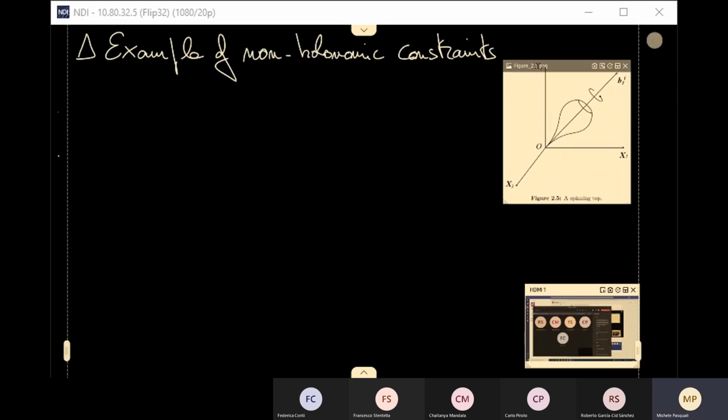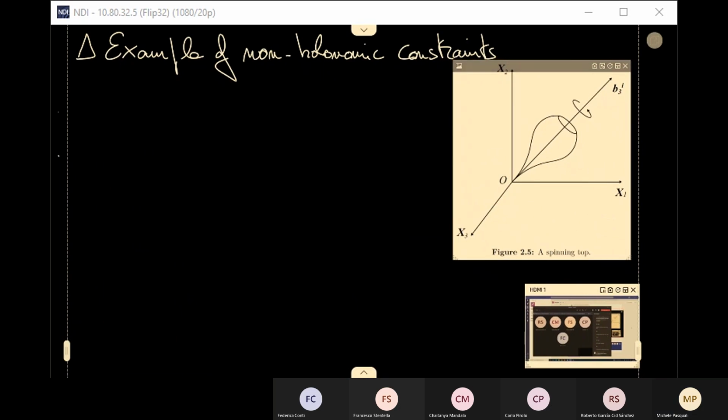So this is what is called a spinning top. In italiano una trottola. So when you enforce a condition, a constraint on that, for example, saying that it has to rotate with a certain velocity, and when I mean velocity, in this case, angular velocity, I mean it from a vectorial point of view, meaning that it has to rotate with a certain speed, but also with a certain direction, inverse orientation.